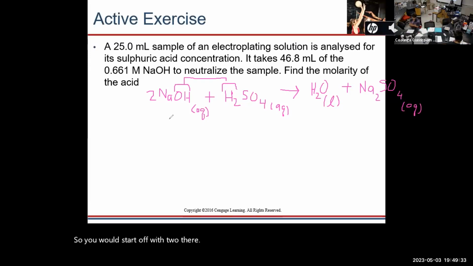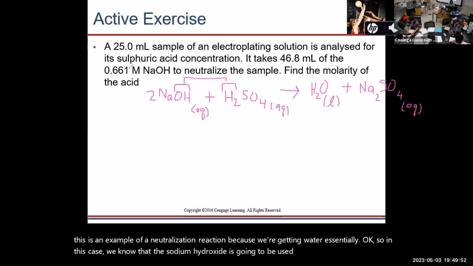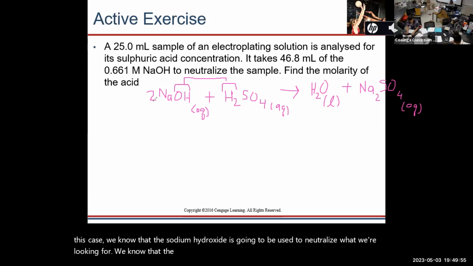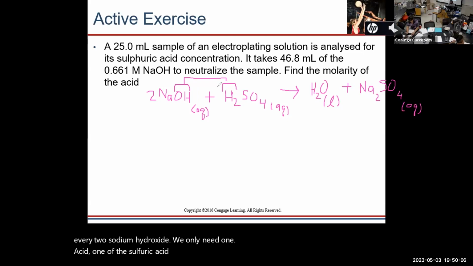Okay, so now we have a balanced chemical equation. So this is an example of a neutralization reaction because we're getting water, essentially. Okay, so in this case, we know that the sodium hydroxide is going to be used to neutralize what we're looking for. We know that the ratio of the sodium hydroxide is going to be a 2-to-1 ratio. For every 2 sodium hydroxide, we only need 1 acid, one of the sulfuric acid. Okay, so that's going to be important for us later on.